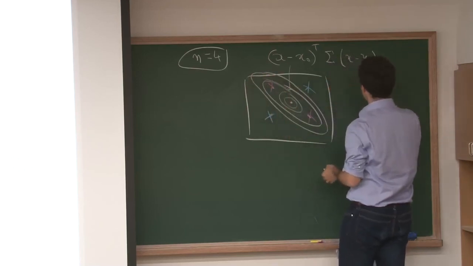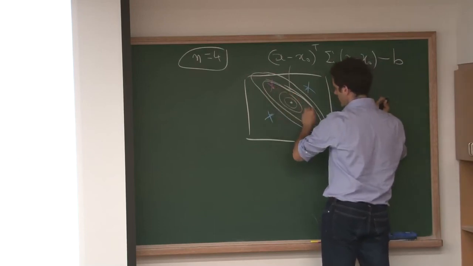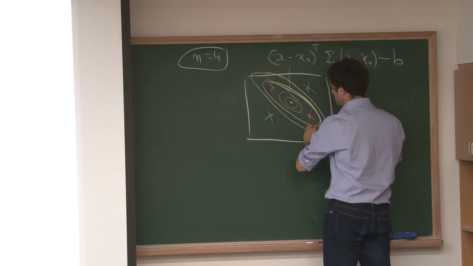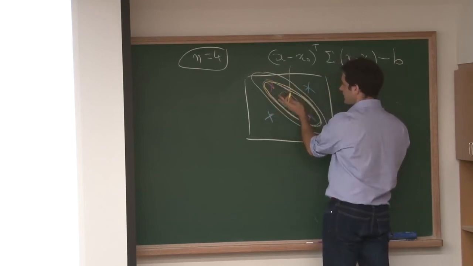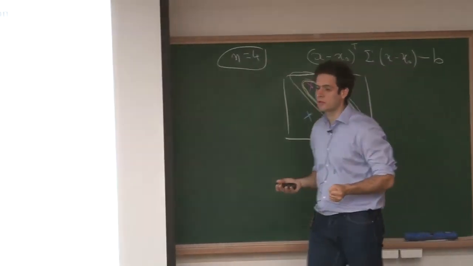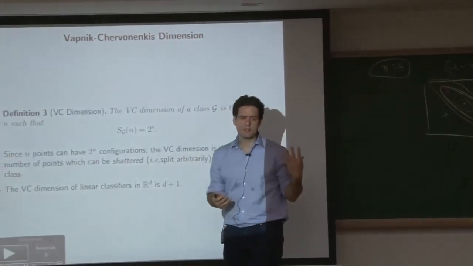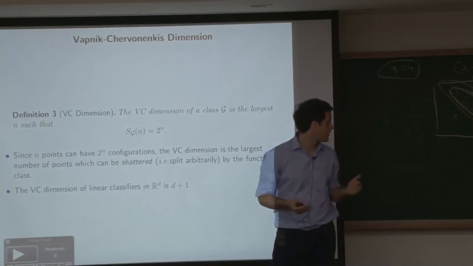And I will make sure, by adding some constant, that this here is equal to 0, that inside it is positive and below it becomes negative. So in that case, if I use quadratic functions, I can very easily split 4 points in any way I want. It's easy to see.